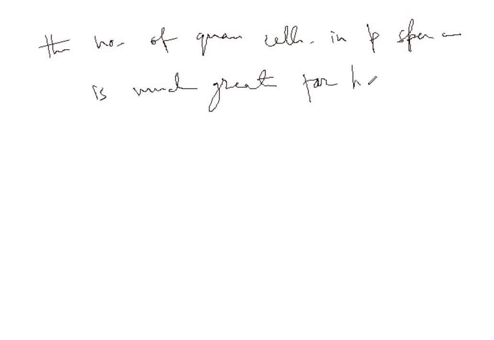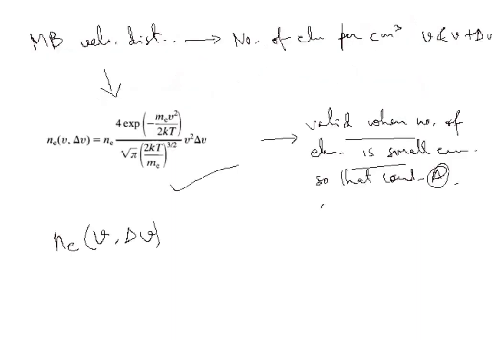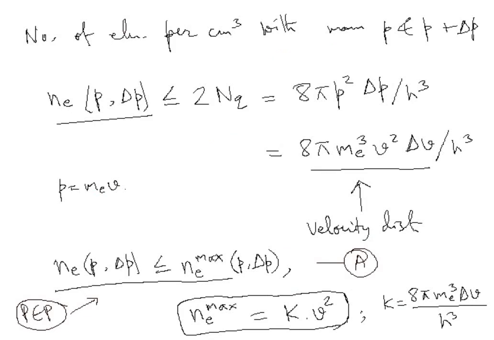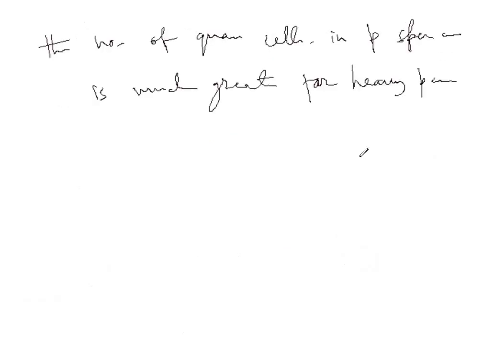for heavy particles. Now according to this equation, condition A, the permitted number of particles with given velocity increases, right?